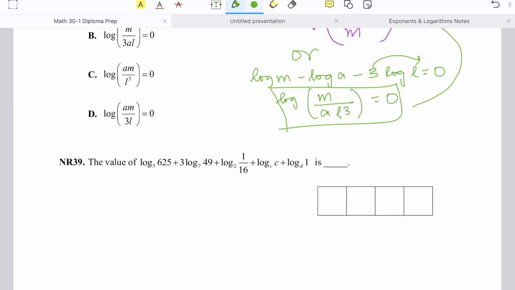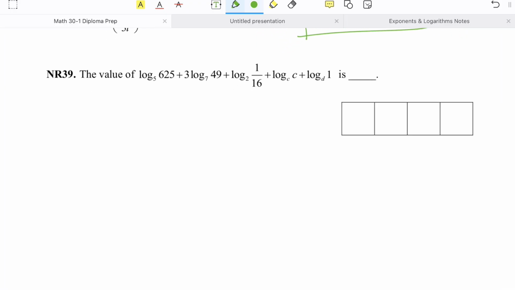This question looks scary, but let's try doing this. All you need to do is put your values in the calculator and solve it, and it would work, because none of your bases are the same. So you cannot use the log laws here, but you can put it in the calculator.